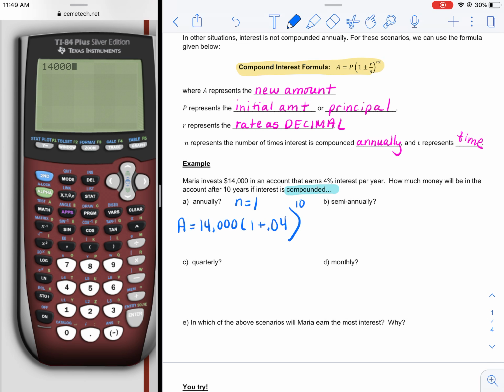Use your calculator to type that equation in. And the new amount is going to be $20,723, and we're going to round to the nearest cent, so 42 cents.